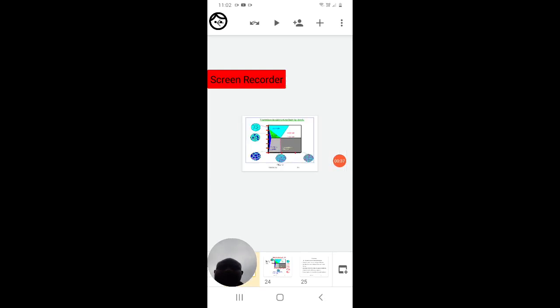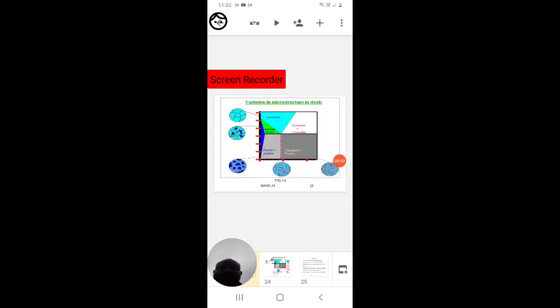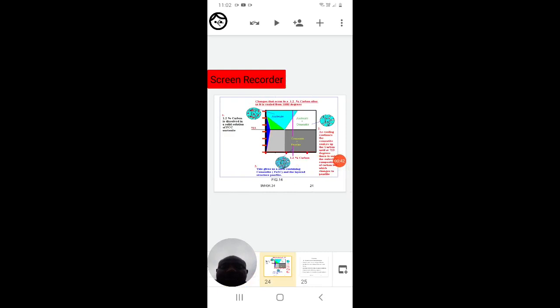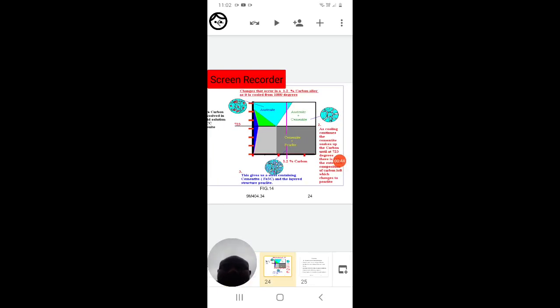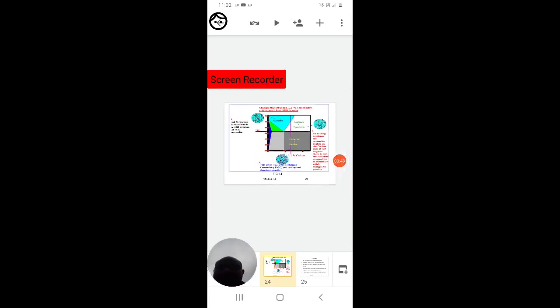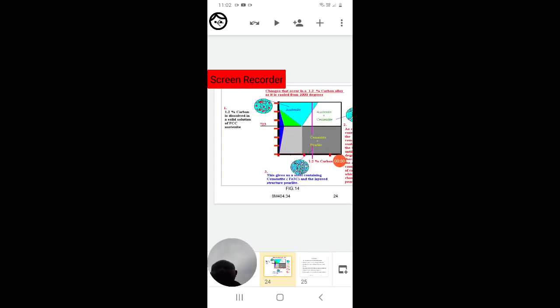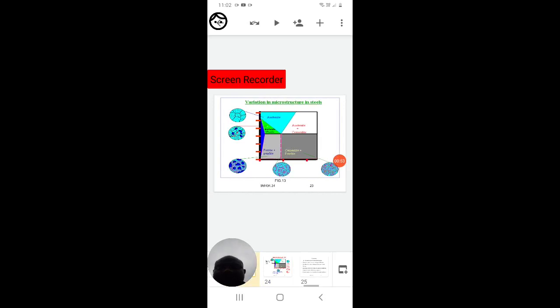Carbon percentage greater than 2% and up to 6.67% is called cast iron. That is the reason why, with carbon up to 2% or greater than 2%, you are mixing the iron-carbon alloy, which is a binary system alloy.